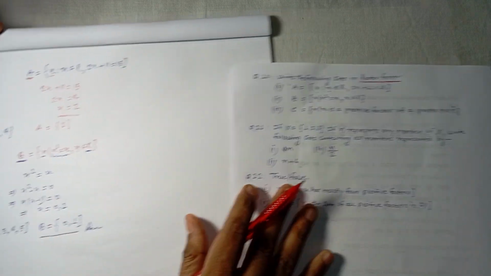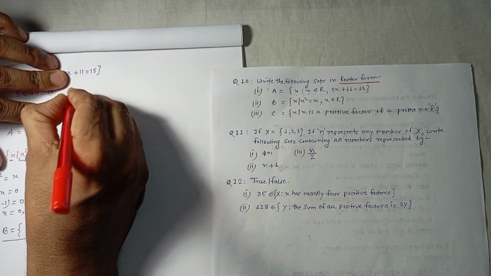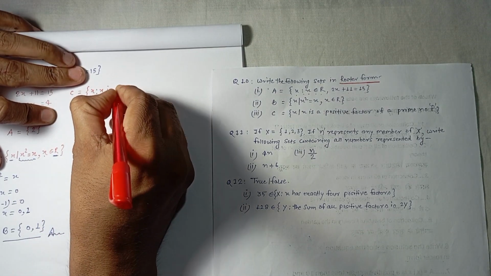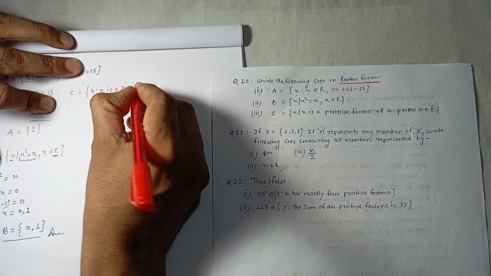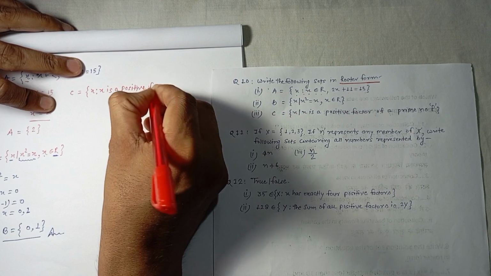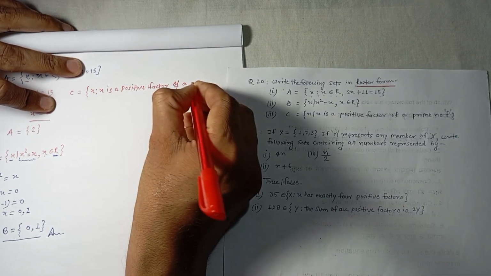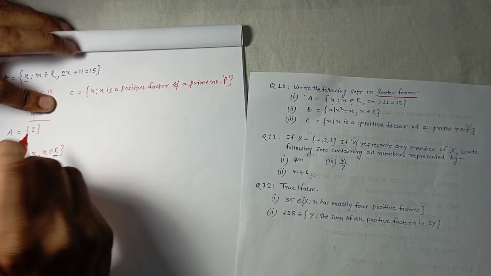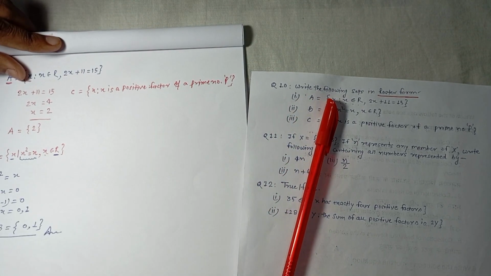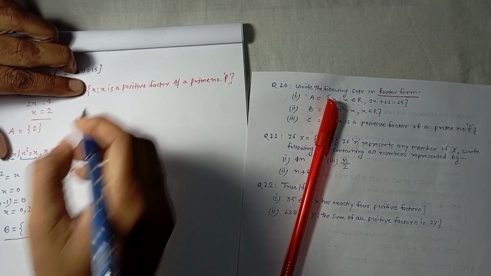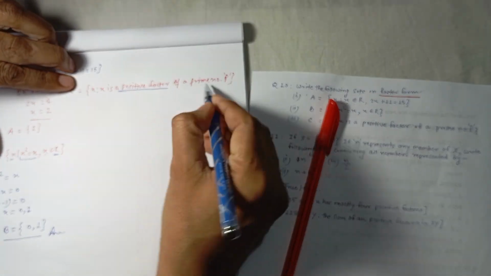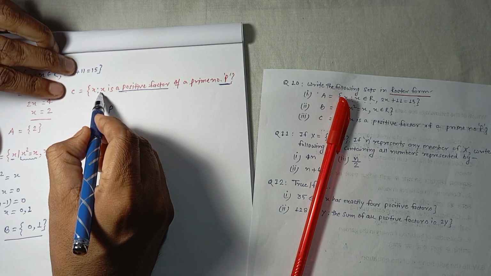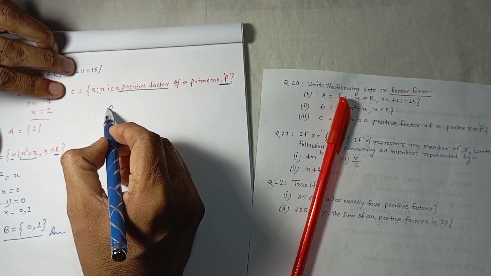Here, set C is x such that x is a positive factor of a prime number P. You can see that the element of set C is x, which is a positive factor of prime number P. There is a prime number P and x is a positive factor of that prime number.